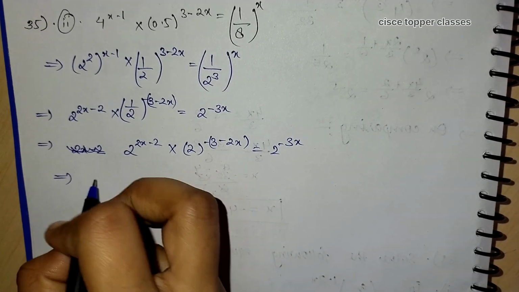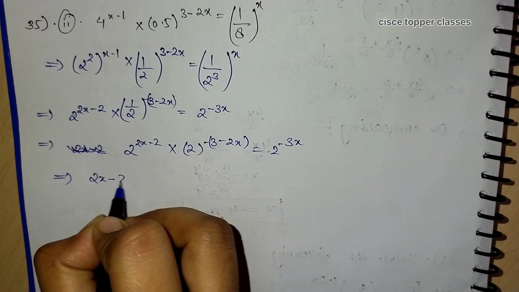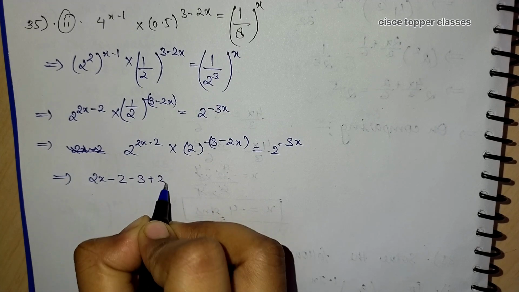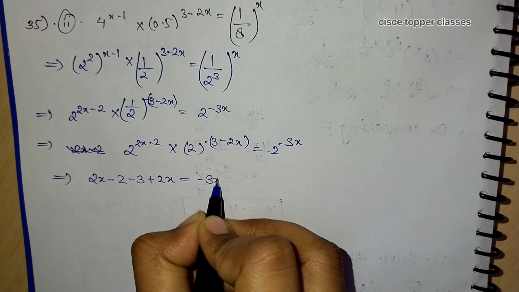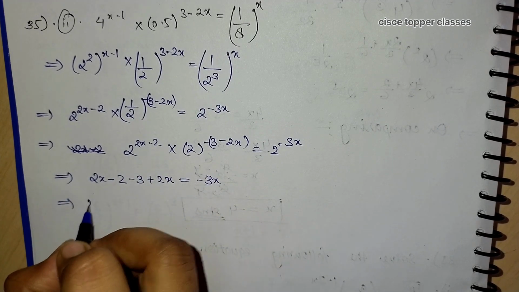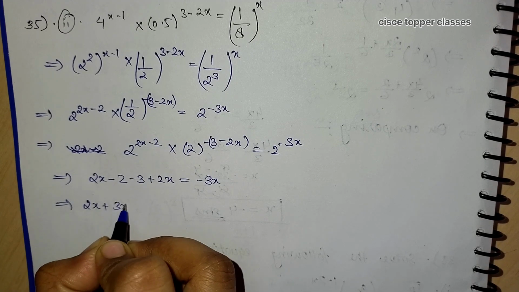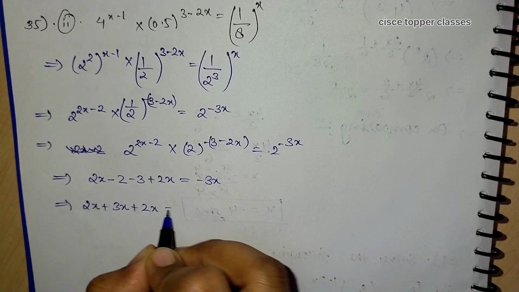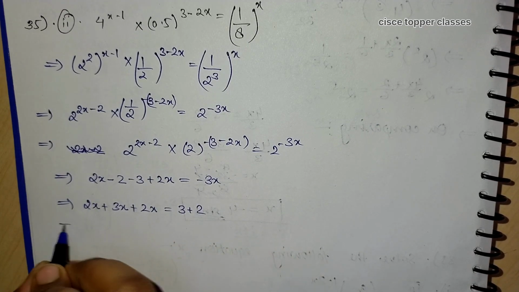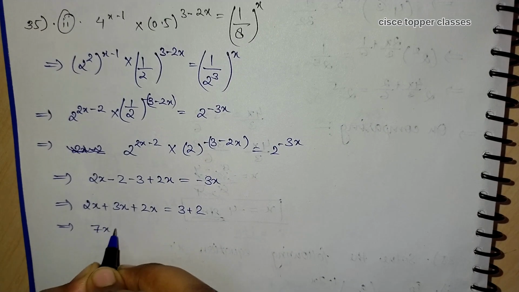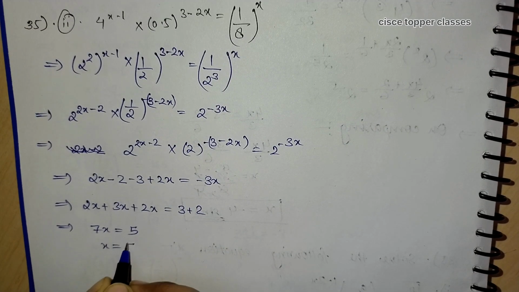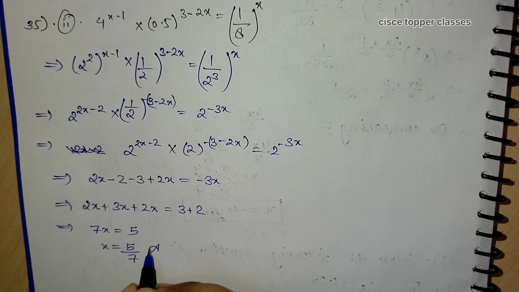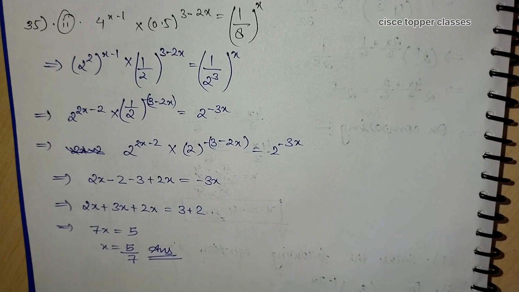Now we will compare. So we can write 2x minus 2 minus 3 plus 2x equal to minus 3x. Now we can find the value of x from here. 2x plus 3x plus 2x equal to 3 plus 2, as 5. So from here it will be 7x equal to 5, and x is equal to 5 by 7, which is the final answer in the 35th second question.